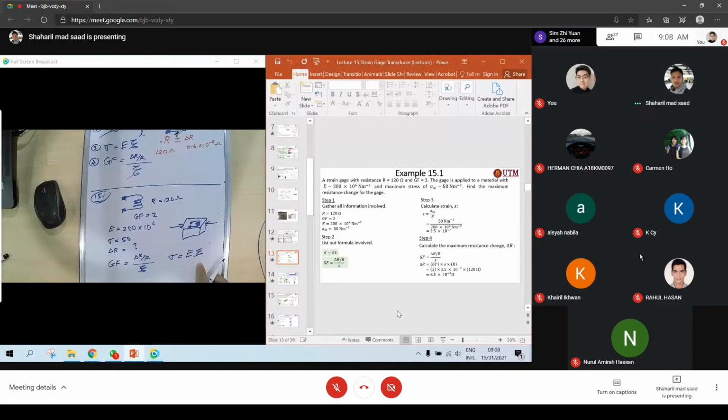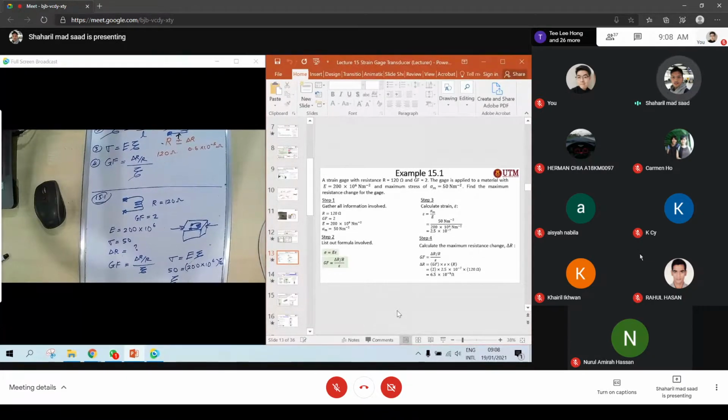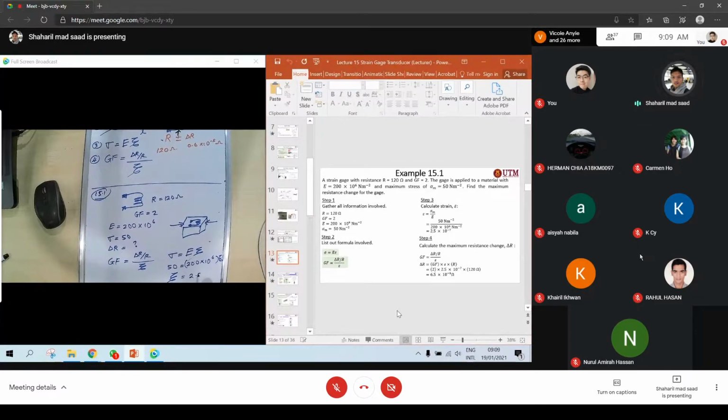The stress that you apply is 50. The modulus Young is 200 times 10 power of 6. So the strain is equal to 2.5 times 10 power of -7.